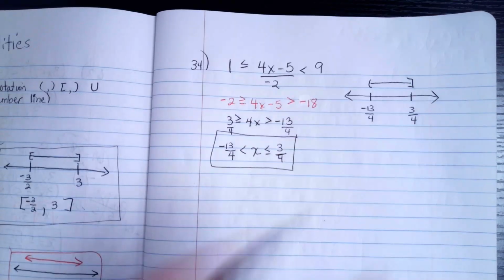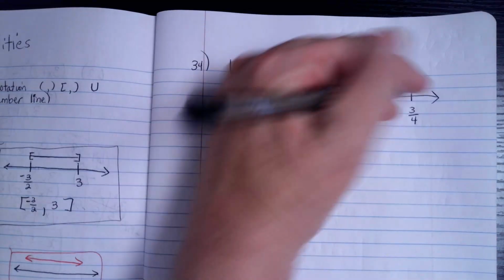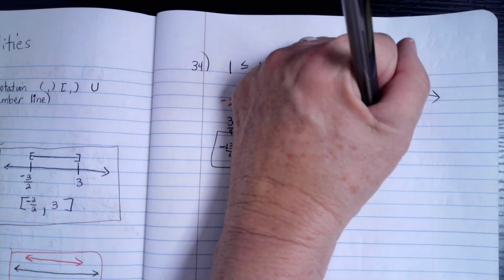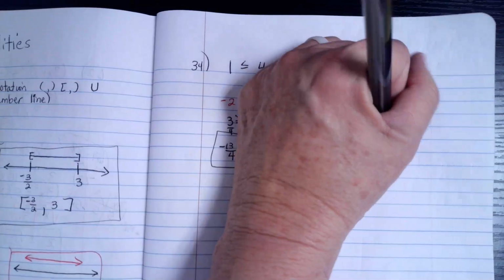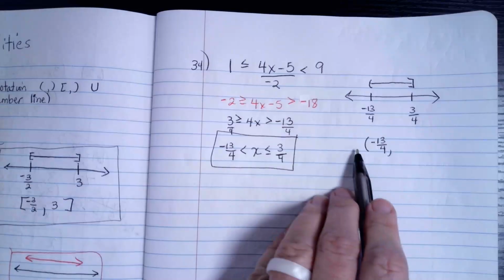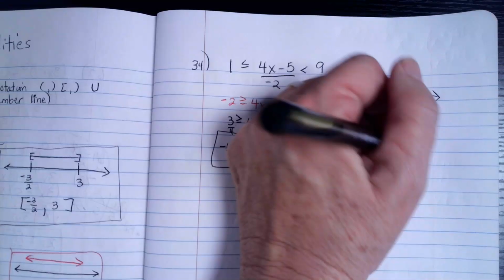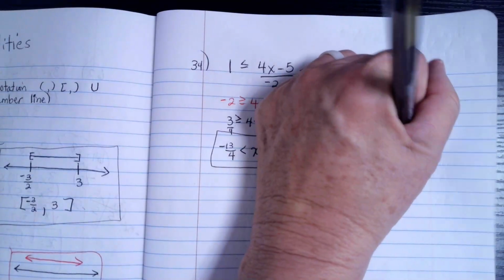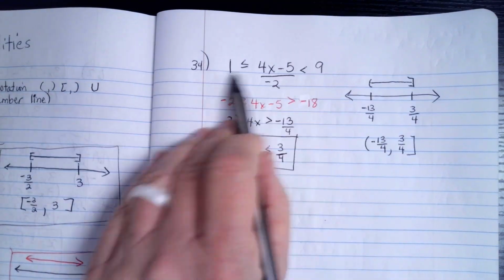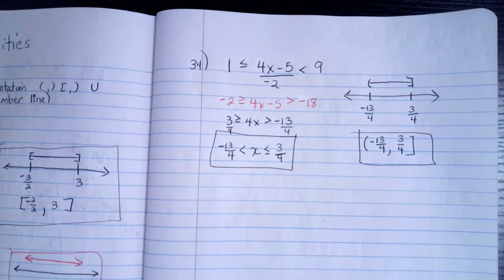Then your interval notation has practically written itself. The interval goes from negative 13/4 exclusive, meaning you couldn't plug in negative 13/4 and make it true, but 3/4 could be plugged in and would make this inequality true. So that takes care of the linear ones.